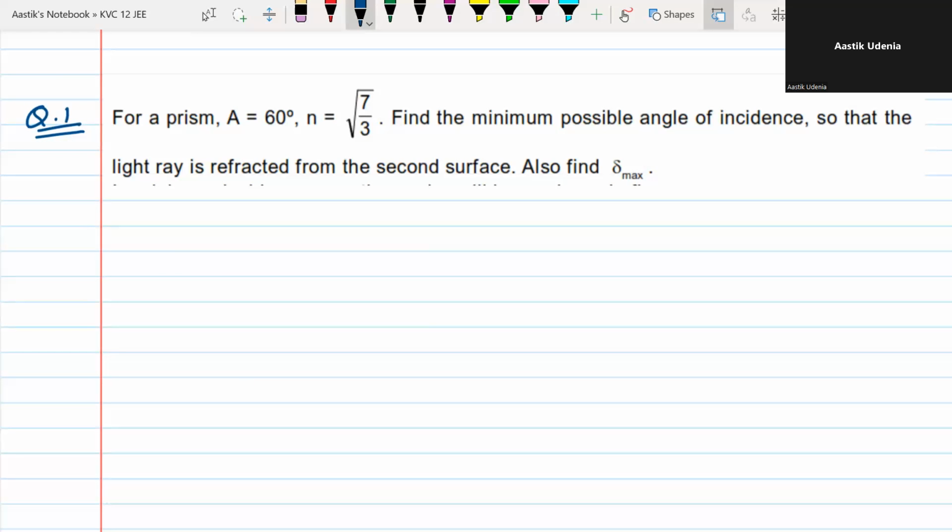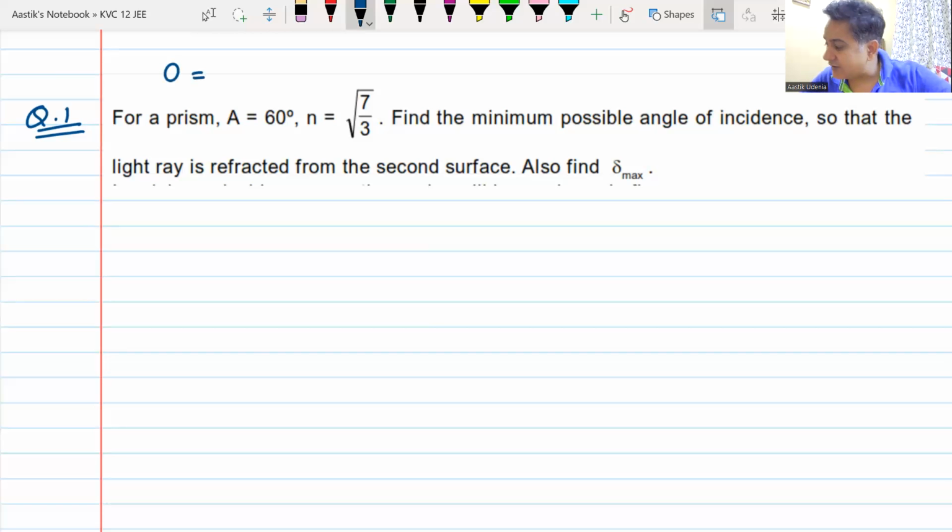Also find delta maximum. Now remember, whenever we have the angle of emergence as 90 degrees, note it down, or the angle of incidence as 90 degrees, both cannot be 90. I hope you understand that.